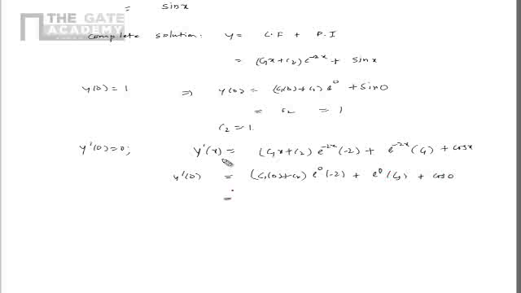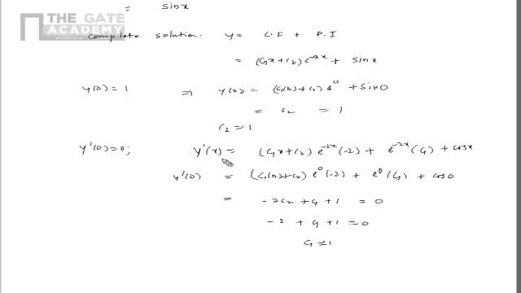So this will be minus 2 c2 plus c1 plus 1, cos 0 is 1, and this value is given as 0. c2 is 1, so minus 2 plus c1 plus 1 is equal to 0, so c1 will be 1.